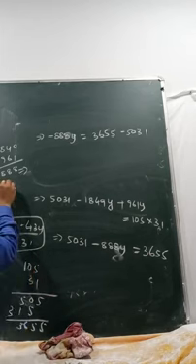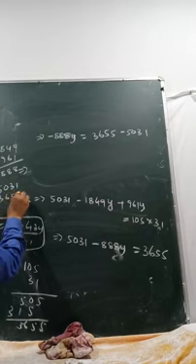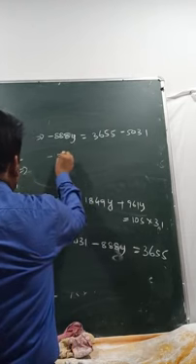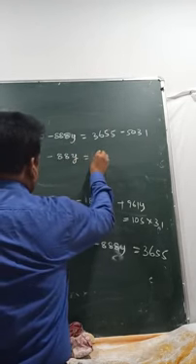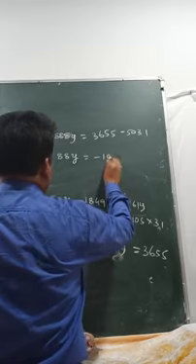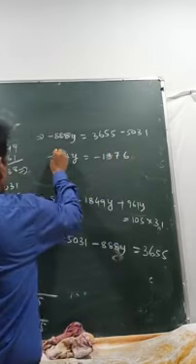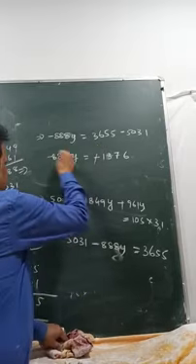So 5031 minus 3655 is 1376. Okay. Minus cancelled.